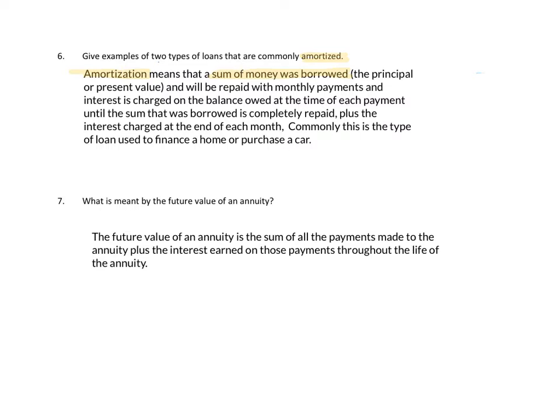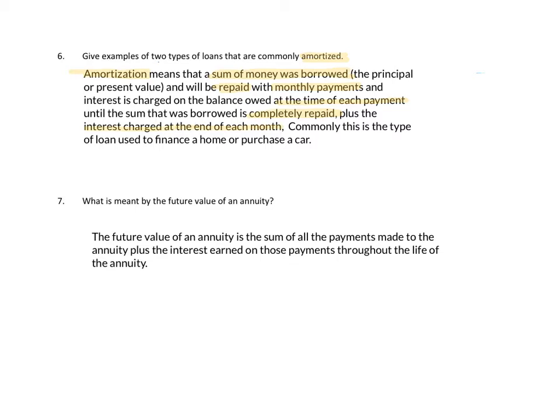And that money is going to be repaid with monthly payments. A mortgage is always monthly payments, plus interest is charged on the balance owed at the time of each payment until the sum that was borrowed is completely repaid, making the future value of this mortgage 0. And the interest charged at the end of each month is also completely paid.